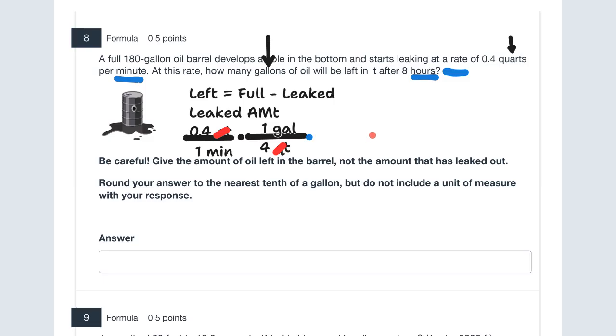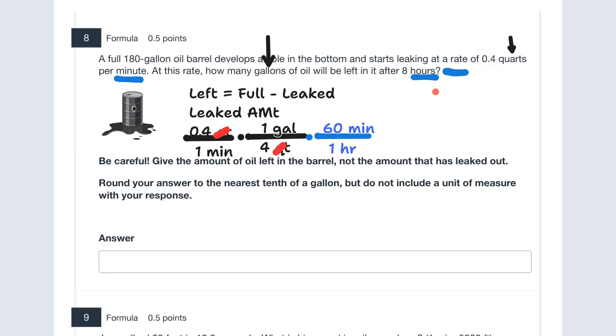I'm just analyzing the dimensions here. And I know that there are 60 minutes in an hour. Since I have minutes in the denominator, I got to put 60 minutes in the numerator. And 60 minutes is equal to 1 hour.